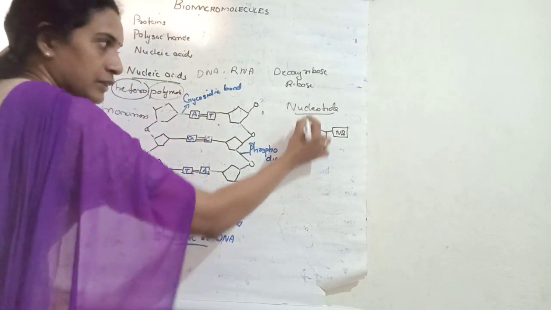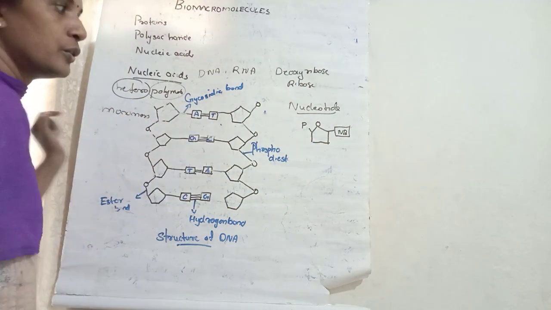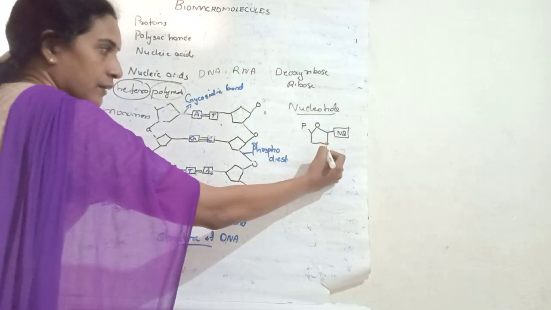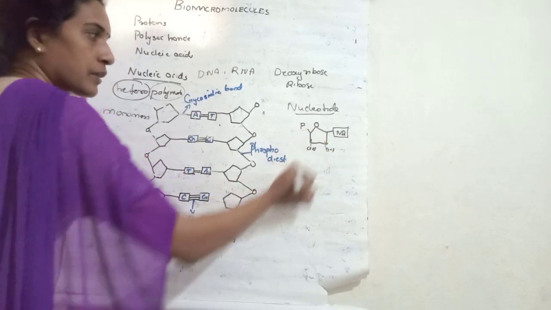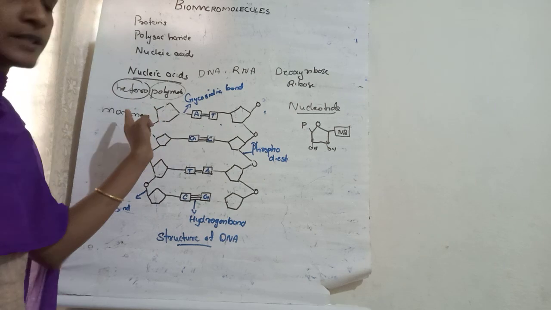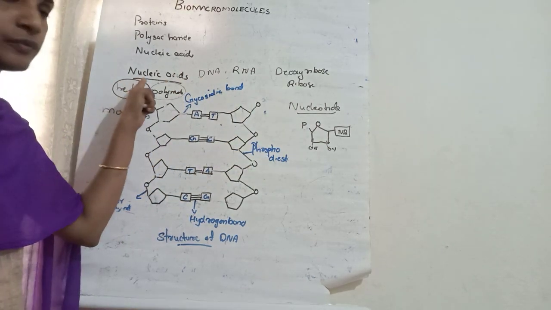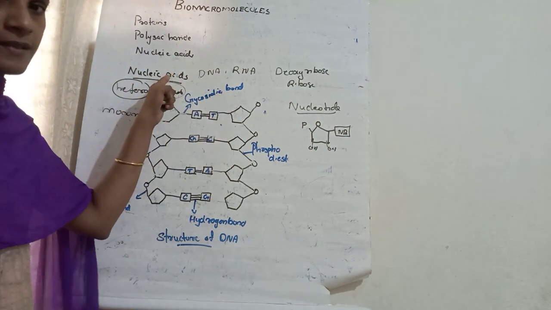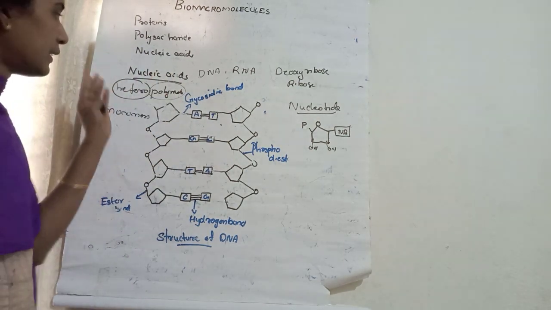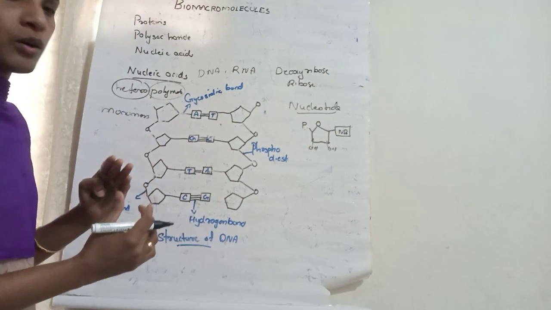This is the structure of a nucleotide. This nucleotide is considered the building block or monomer of nucleic acid. Okay, then this is how these monomers are linked together by a bond.